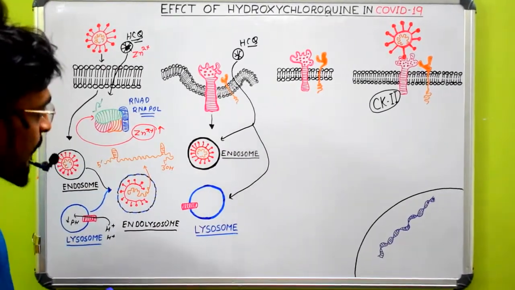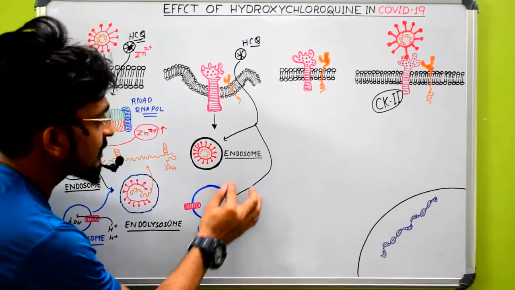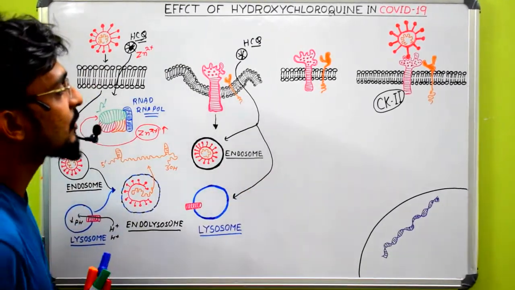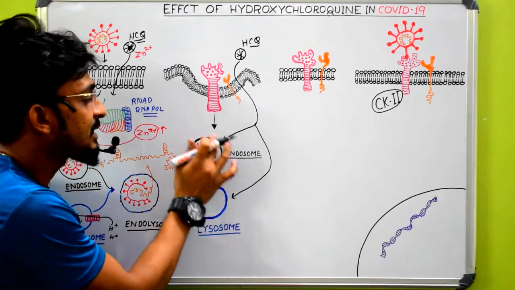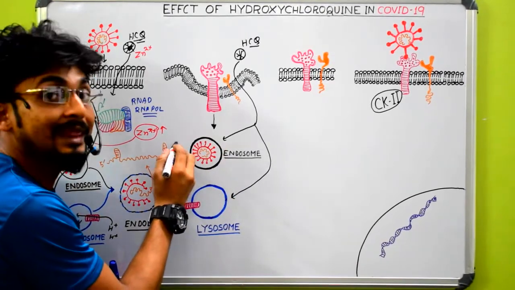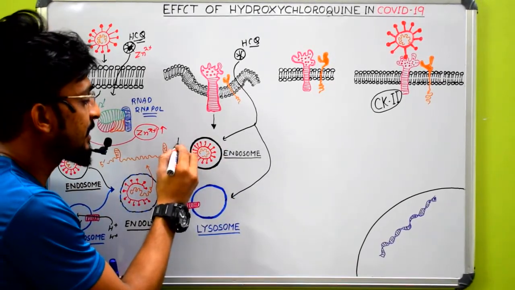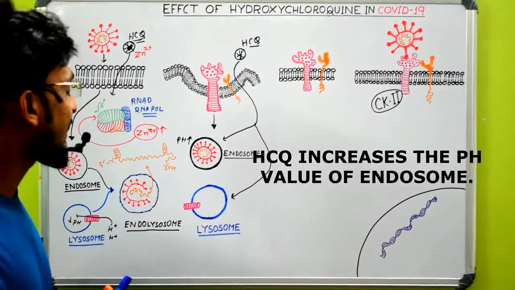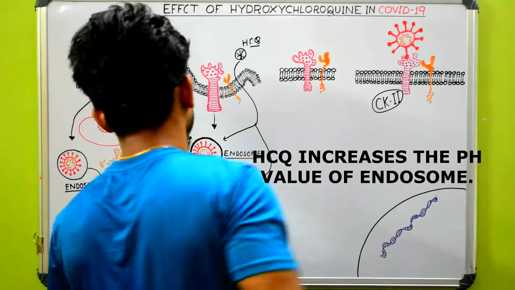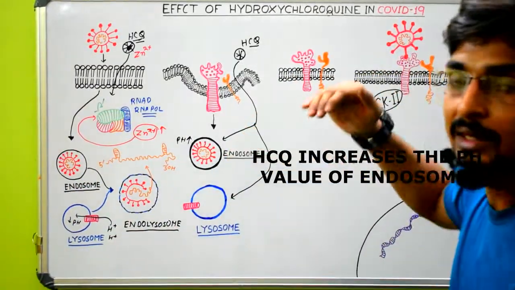What it does, this hydroxychloroquine inside the endosome makes the environment inside the endosome a little bit alkaline. So it increases the pH. The medium becomes alkaline in nature.